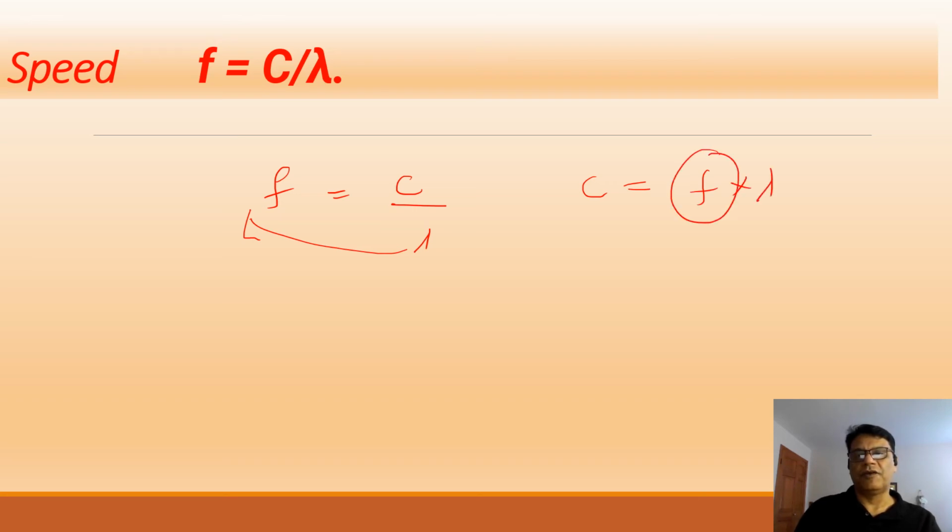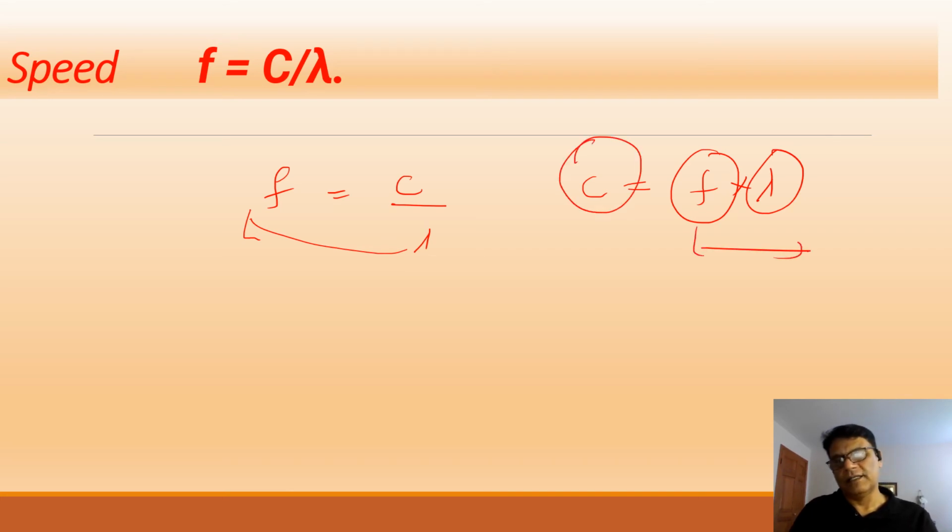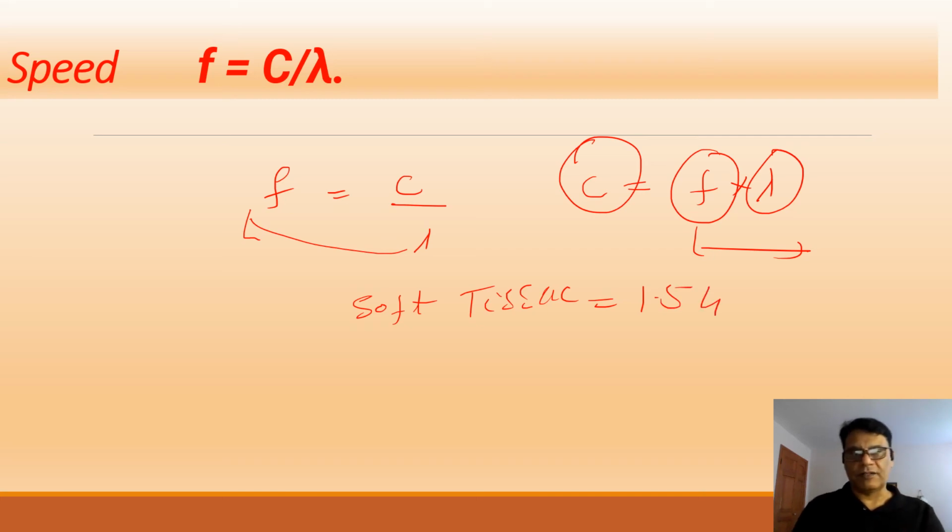If they give you frequency and wavelength, multiply them and you will get the speed of sound. The speed of sound in soft tissue is considered constant. It doesn't change. We are talking about just soft tissues. Otherwise, the medium has an effect on the speed.